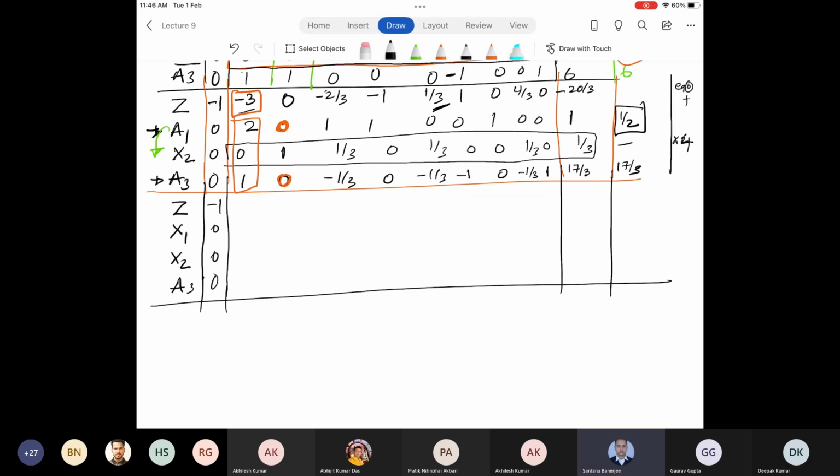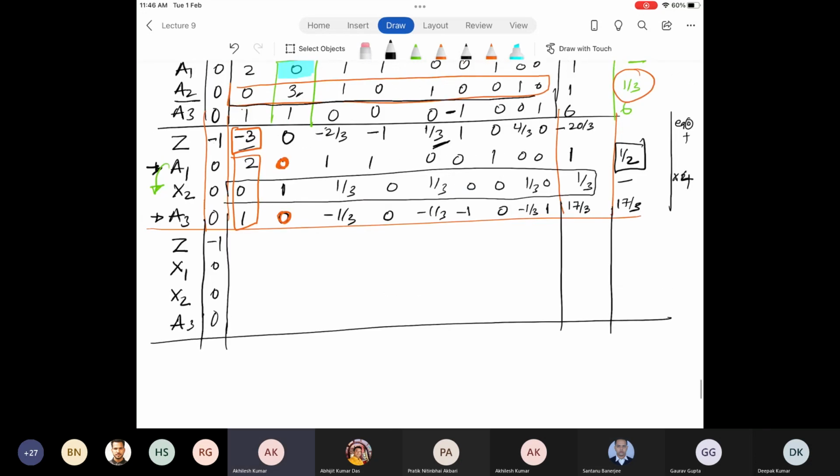Sir, in the above table, the value just beside x2 should be -4, right? Value just beside x2. Just tell me, I'm pointing there. Here? Sir, the left one. This one? Sorry, left one.